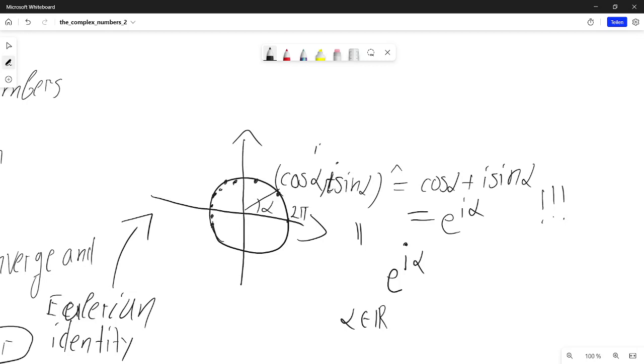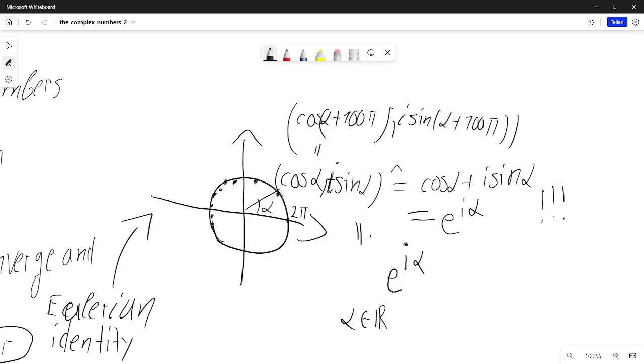So that is the same as cosine alpha plus, I don't know, 100 pi, and 1000 pi, whatever else. That's all the same thing geometrically, right? So the complex number is the same. So that is for any alpha in R.